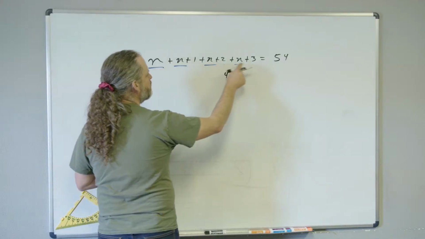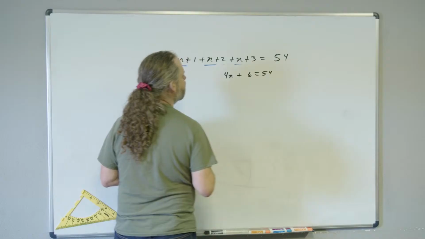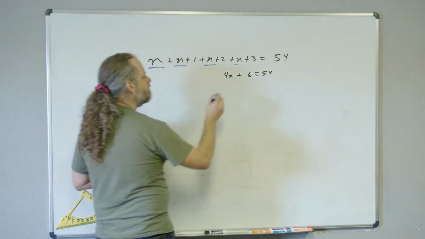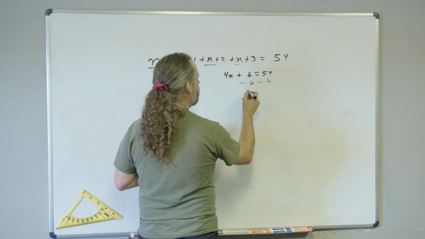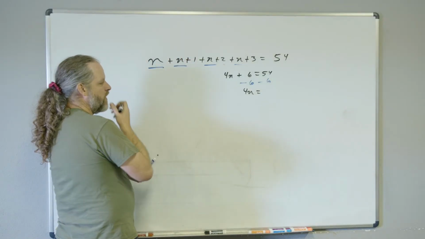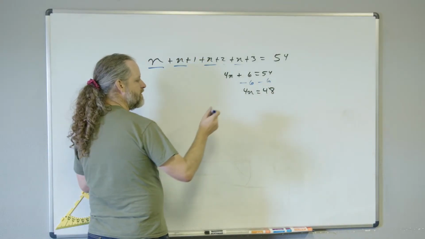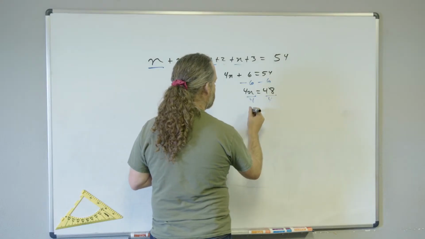And then 1 plus 2 plus 3 is 6. Then what? So 4n equals 48. Then we divide by 4. And n equals 12.